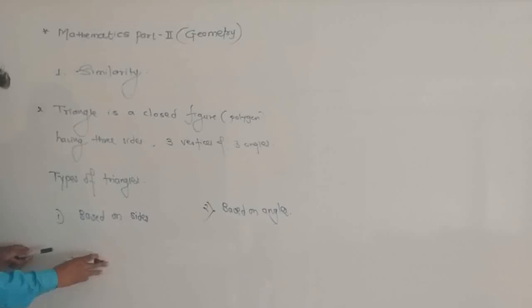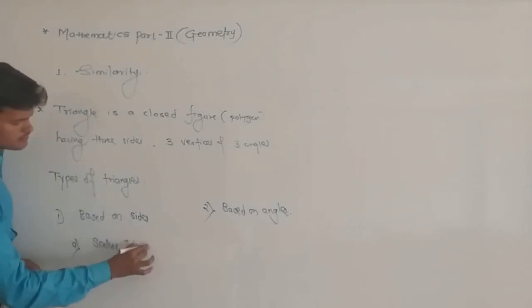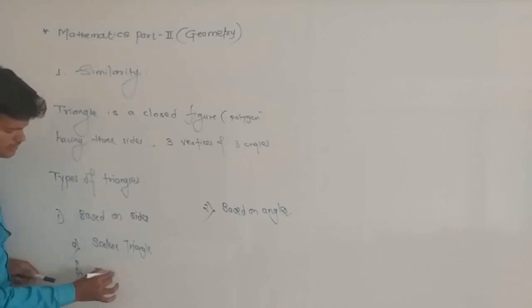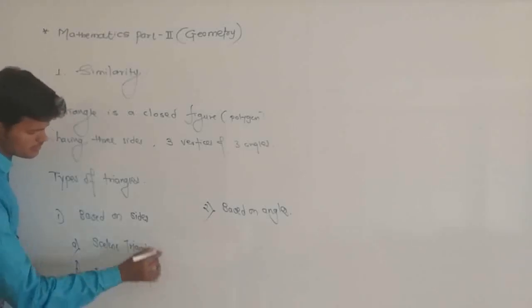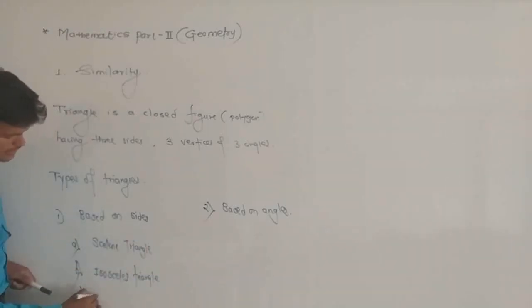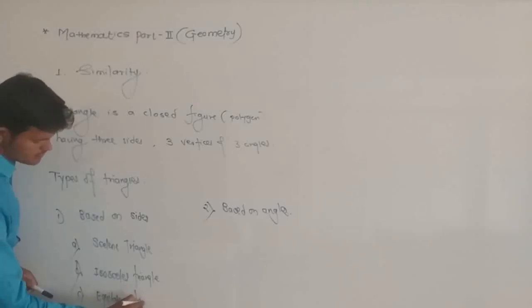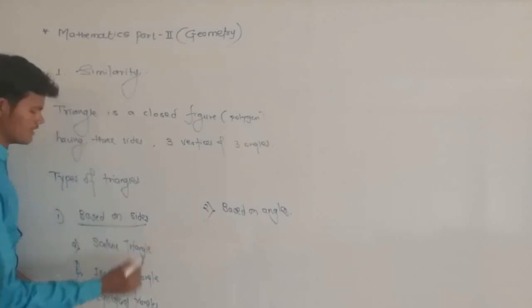So based on sides, there are three types. First one is scalene triangle. Second one is isosceles triangle. And last one is equilateral triangle. These are the three types of triangles which are based on sides.